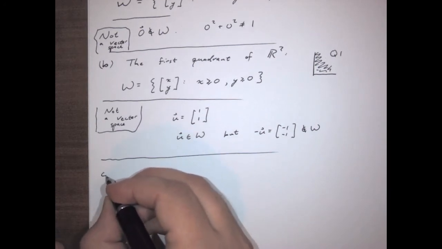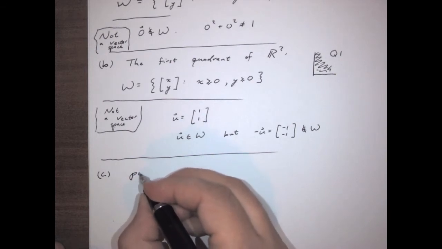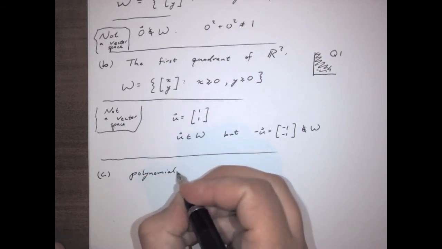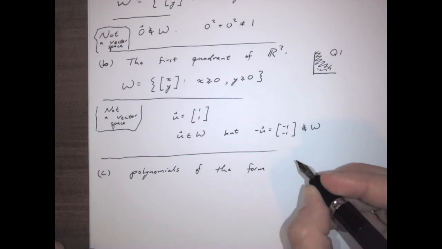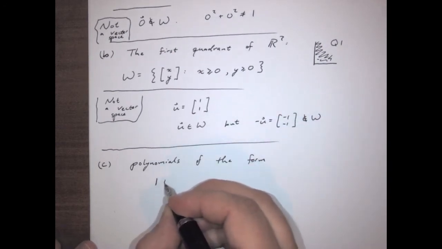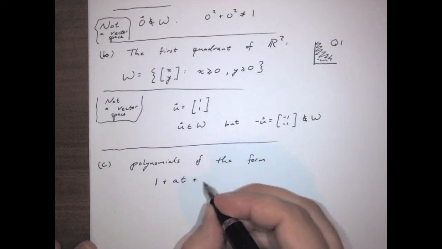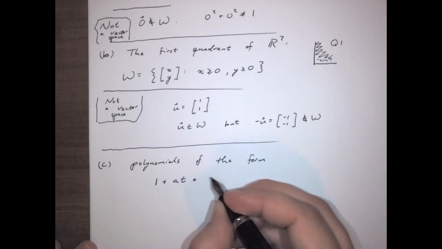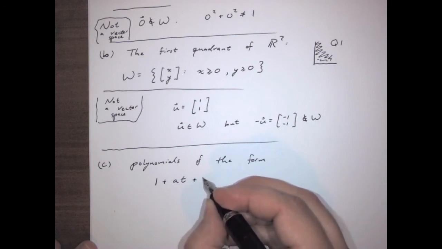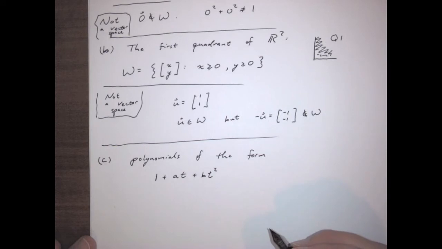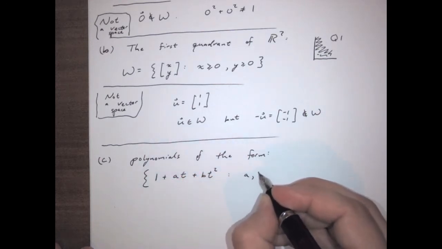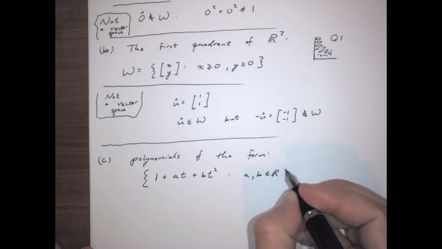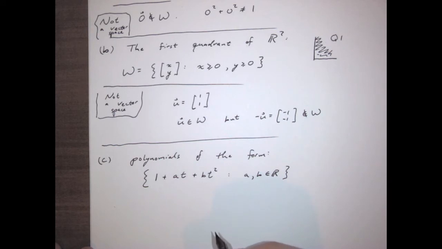So let's say C. Polynomials of the form 1 plus At plus Bt squared, where the A and the B are allowed to be any coefficients from the real numbers, but we've got that 1 there.